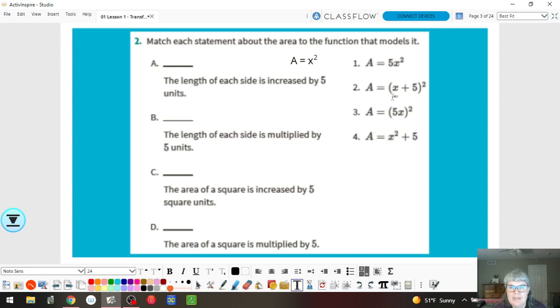The second one is x plus 5, squared. The third one is 5x, squared. And the last one is x squared plus 5. So we want the length, which is x, increased by 5 units. Hopefully you recognize that that will be equation number 2.